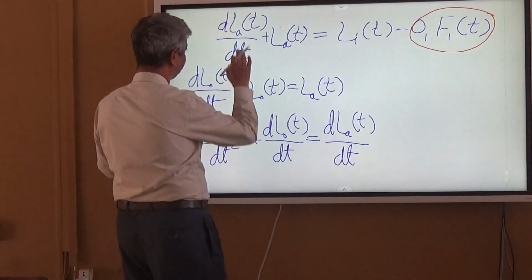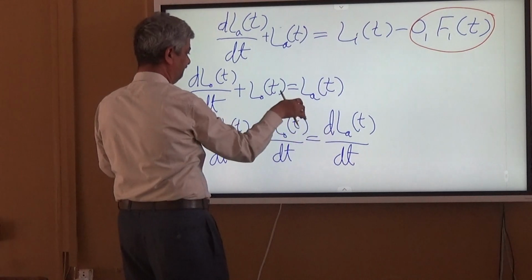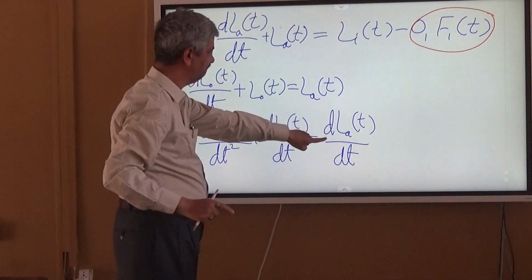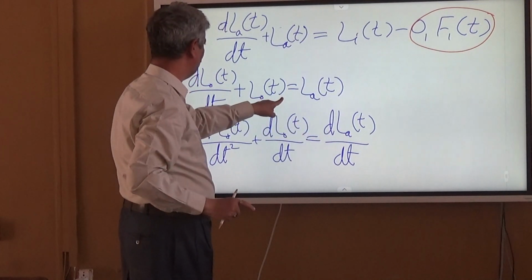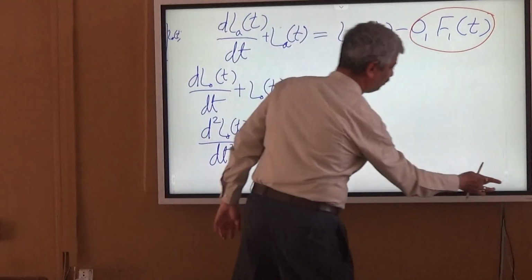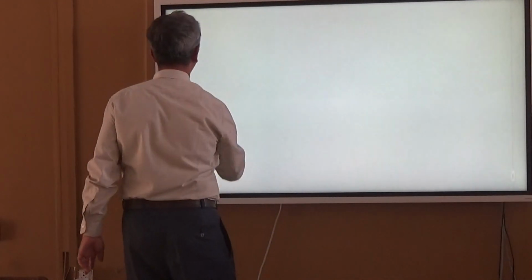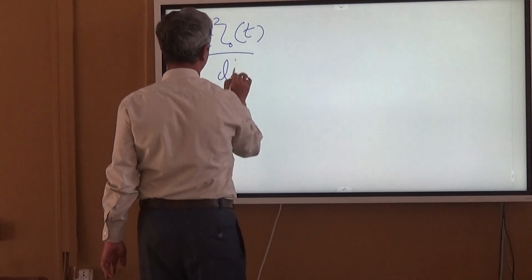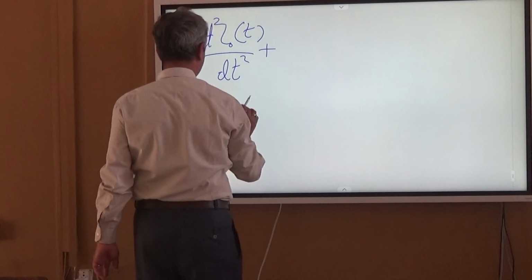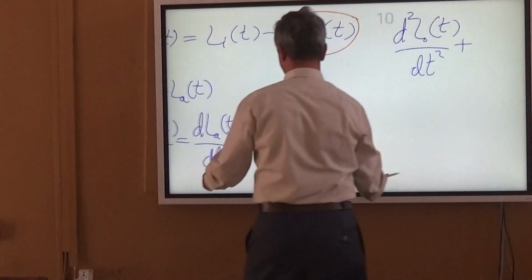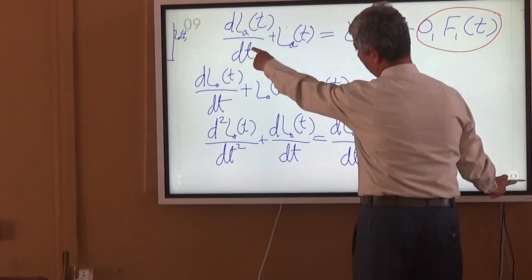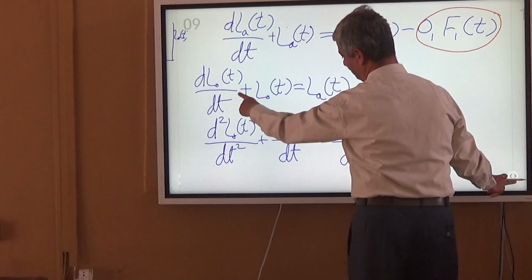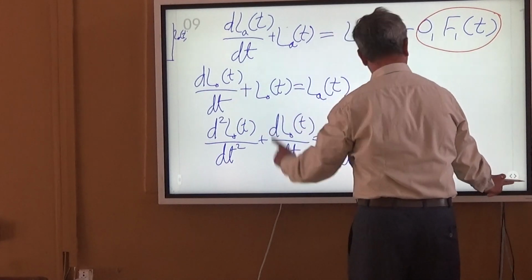So what we get? This equation we have got. That we put here. So what we get? d2LOT upon dt square plus dLOT upon dt plus dLOT upon dt plus LOT.